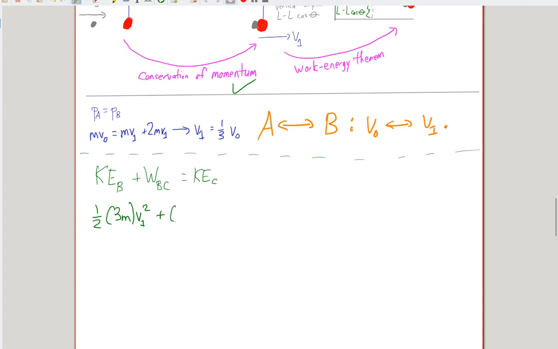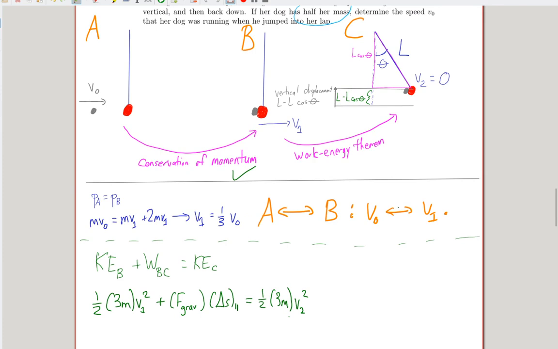The work done by gravity is going to be F-grav times the displacement parallel to gravity. And the kinetic energy at C is 1/2, again, forgot my factor of 3, 3m times v2 squared, but v2 is 0, so that whole term goes away.